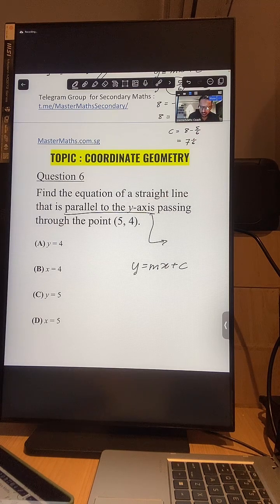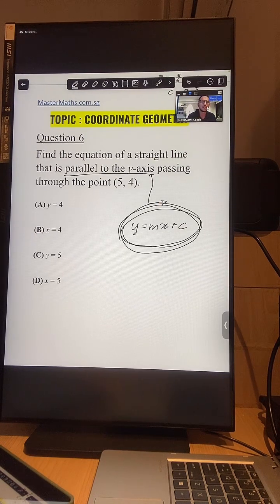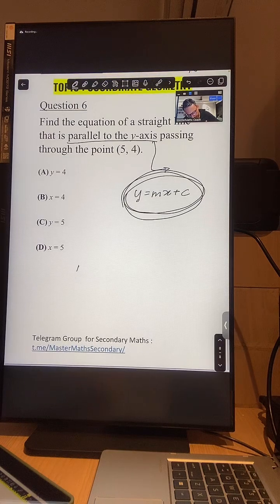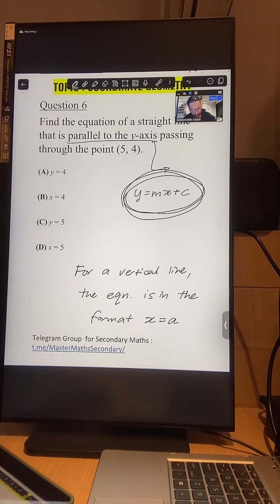Then how? Okay, don't fear. Even though we've been telling all the students to memorize y equals to mx plus c, the top students will know that for a vertical line, I write it down, the equation, EQN is equation, is in the format x equals to a.